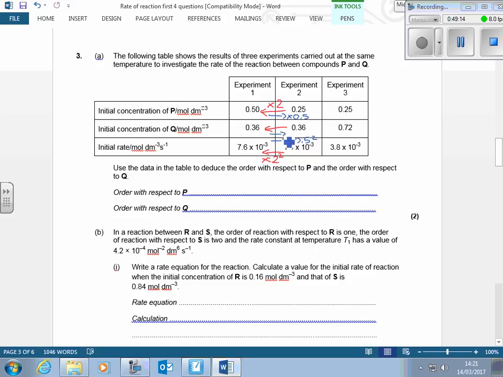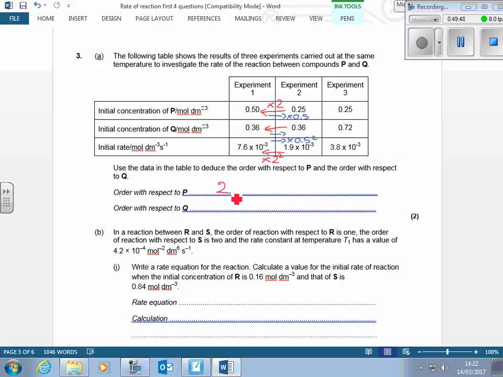It doesn't matter what order you've done them in. So the order with respect to P is 2, because we keep Q constant, change the concentration of P, and then see what happens to the rate. So yes, either way with that.